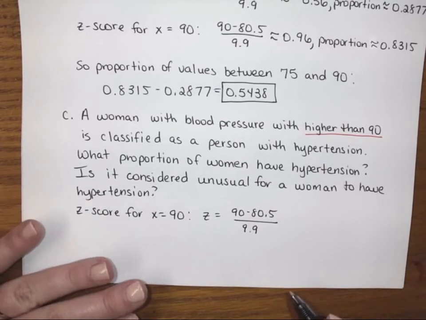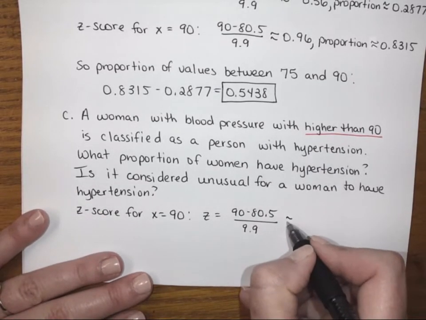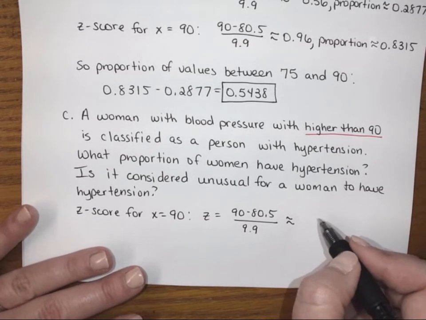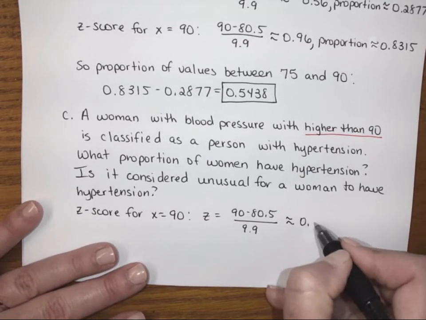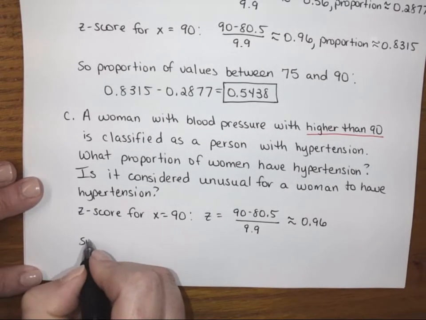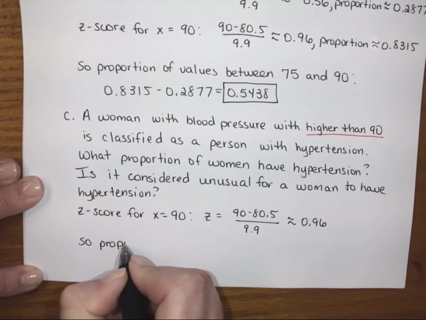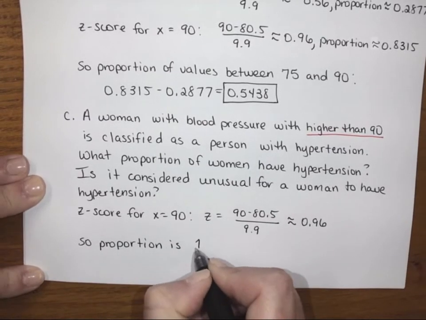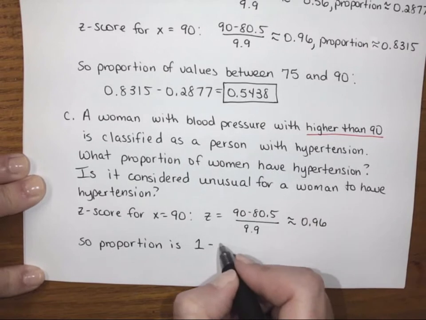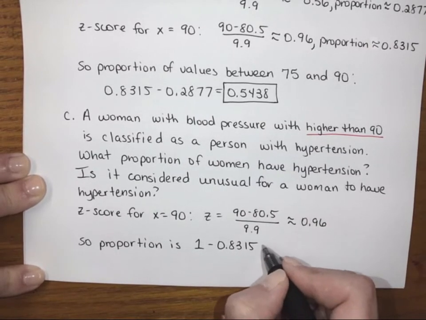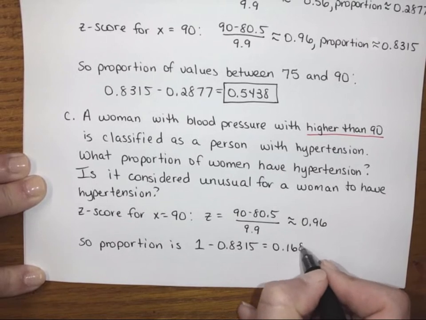So if you work that out, you're going to get 0.96. Oh, right, we already did that above, right? So we already found the proportion, but we're going to need to do 1 minus. So the proportion, since it's more than, is going to be 1 minus what we got up here, which was 0.8315, or 16.85%.